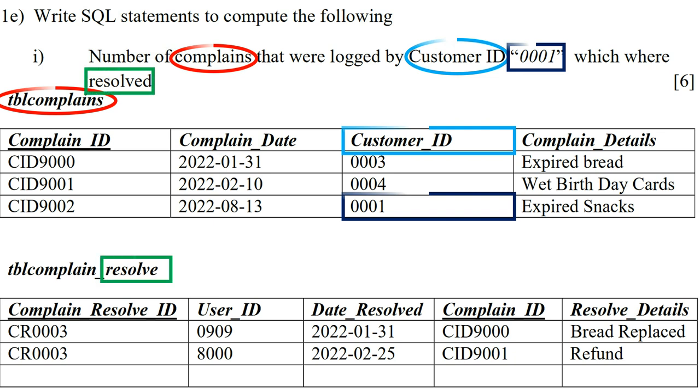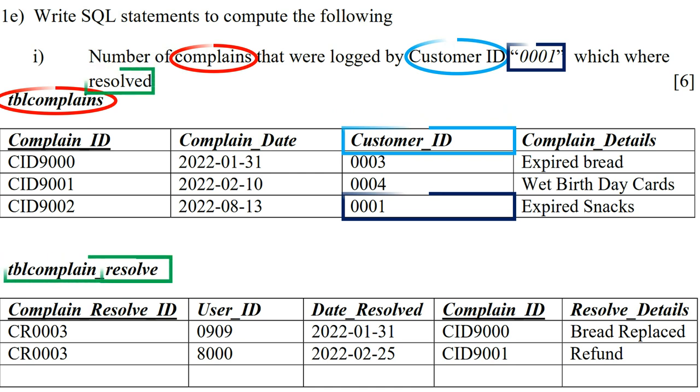But those that were resolved, where do we find them? We find them in table complaint resolve. The table complaint resolve is where we find the condition which says that this complaint was resolved. So table complaint resolve consists only of records of complaints which were resolved.